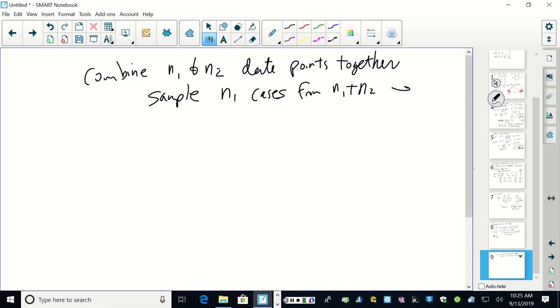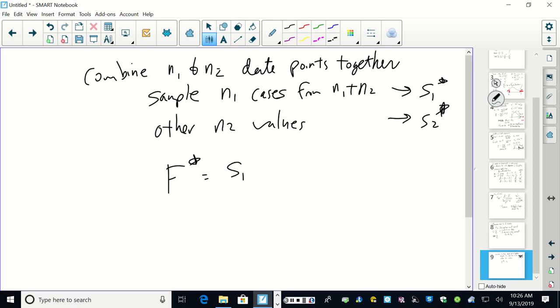And from these, we're going to calculate a new value of the standard deviation. And then the other N2 values are used to calculate a second one, S2 star. And then we can get new ratios based on that simulation. We can square those. Those are the star ones.